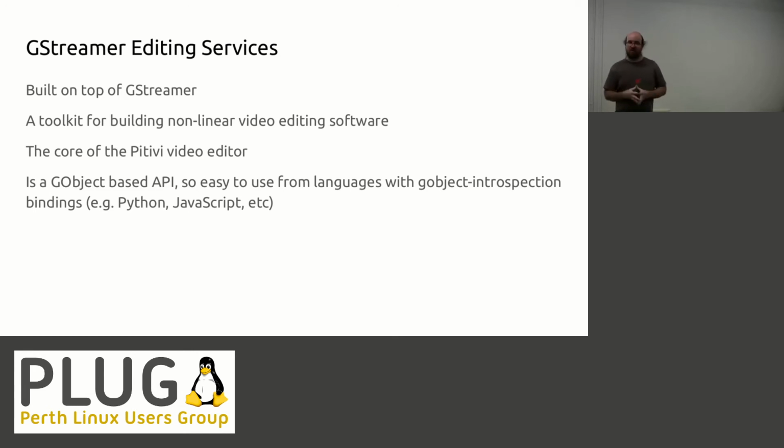And like the rest of the GStreamer API, it's based on the GObject library, so there are language bindings for pretty much everything under the sun. If you don't like programming it all in C, you can do it in JavaScript, Python, etc. I personally use Python just because that's something I'm familiar with, and it worked pretty well.